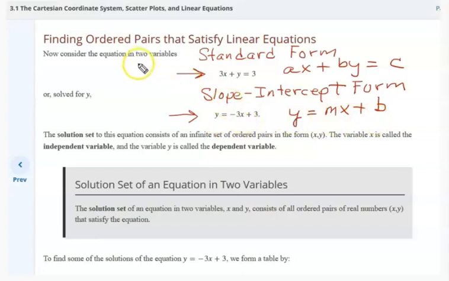Now, we're asked here to find ordered pairs that satisfy these linear equations. And there is a protocol for doing it. Now, we'll show that shortly. I want to have this as background information.